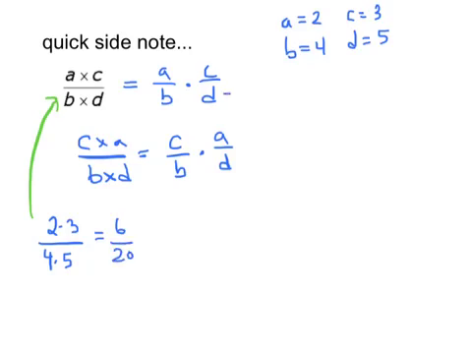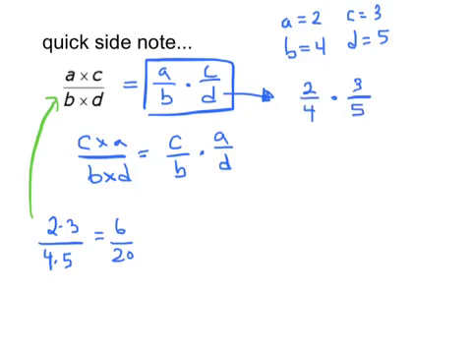And then if I use this one over here, a over b, 2 over 4 times 3 over 5, eventually when I multiply fractions, I multiply them straight across, and so I get 6 over 20.